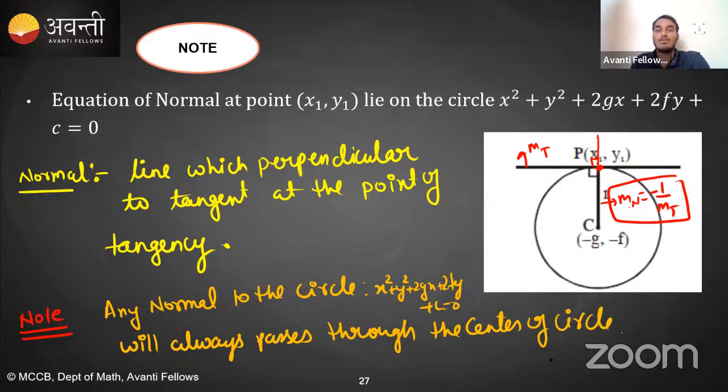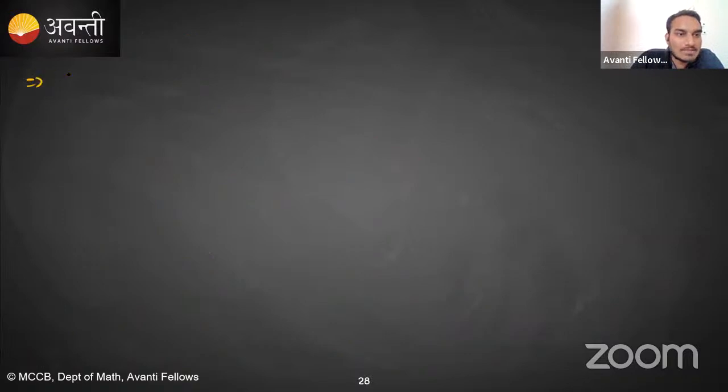That you should always remember. If I'm drawing a normal to the circle, that normal will always pass through the center of that circle. Is that clear, everyone? So from this diagram you can say that this PC is nothing but the normal only, right? So PC is normal.